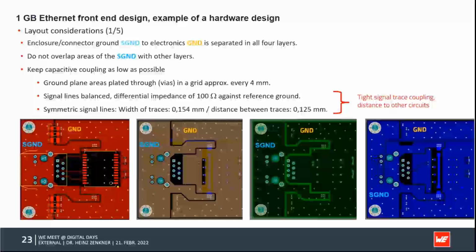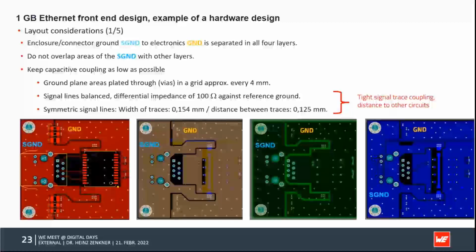And you see here a very tight signal trace coupling between the traces themselves, and sufficient distance to the ground, to the shield ground, so that you don't have any coupling. This is especially at the shield ground side essential for proper functionality.